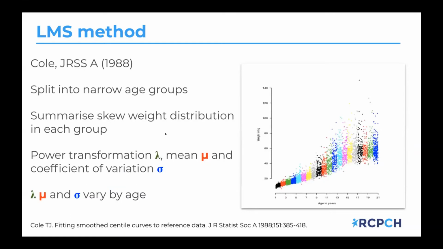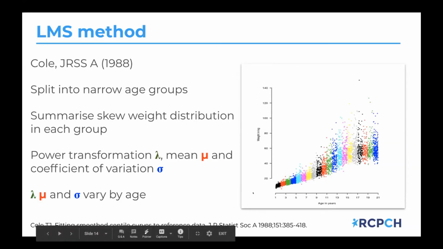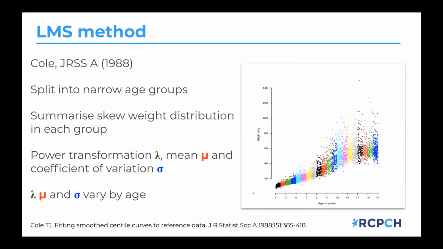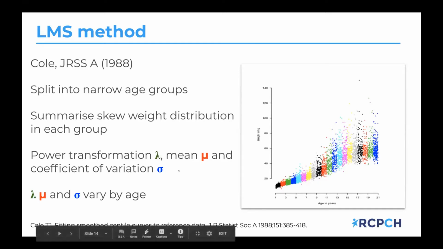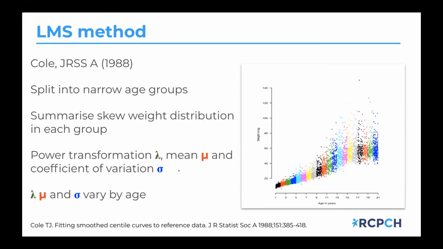Instead of drawing lines through the data, he broke it up into age chunks. You can see the different colors here. Each one of these is an age band, and he describes the distribution of data across each of these age bands using the lambda, the mu, and the sigma. These are 3 statistical concepts which describe the distribution of data within that narrow age band.